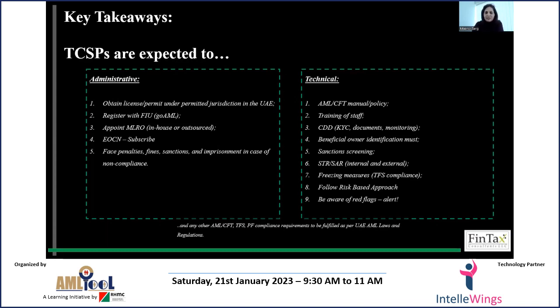For this, the TCSP test, which I mentioned in my slide, is important. Once that test is ticked, please register with the FIU and goAML. Appoint an MLRO, which is also a compliance framework requirement by law. Expect penalties and fines in case of non-compliance. Technically, TCSPs are required to have a manual, policy, training, customer due diligence, KYC, beneficial owner and sanction screening, STR, SAR, TFS compliance, a risk-based approach per FATF Recommendation 1, and to be aware of red flags, because the alerts will guide you on the next step you have to take.